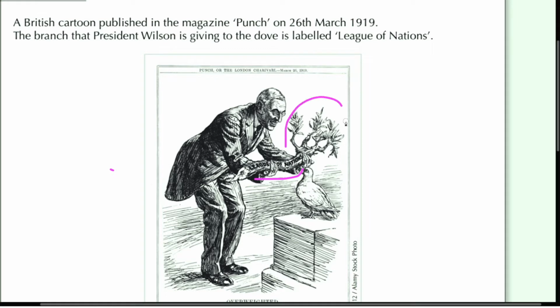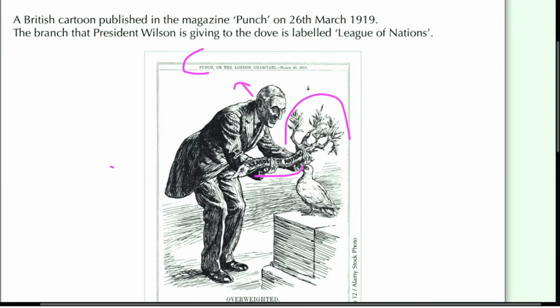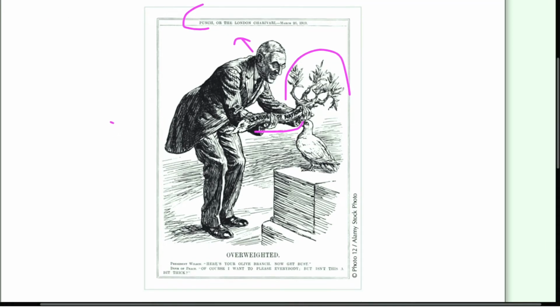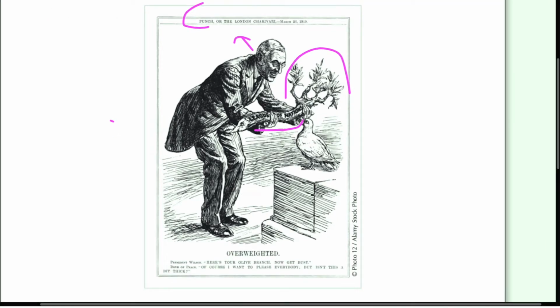And this we call branch. Wilson, do you remember who was Wilson? Wilson was the American president at the time, right? Punch is the name of the newspaper, right? And it was London Charivari, right? March 1919. So there is a sentence down here, right?